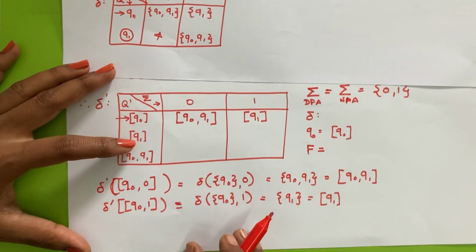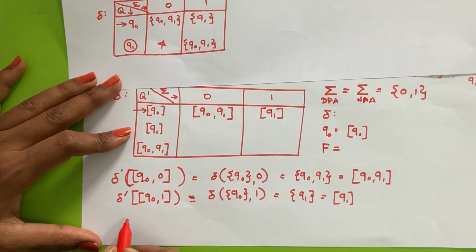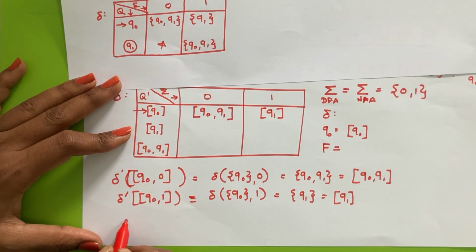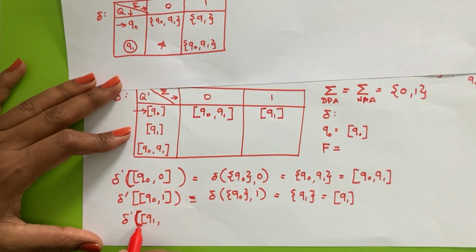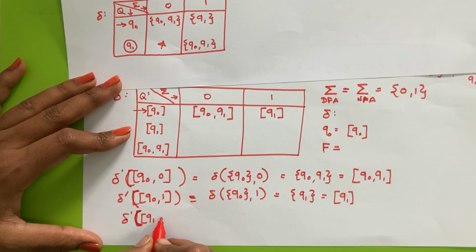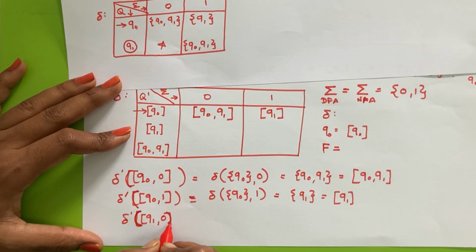Okay, now the next entry we find out is δ' of (Q1, 0), which is equal to δ of {Q1}, comma 0.